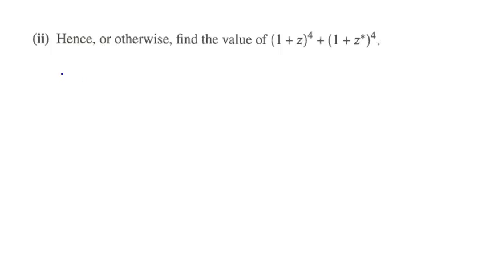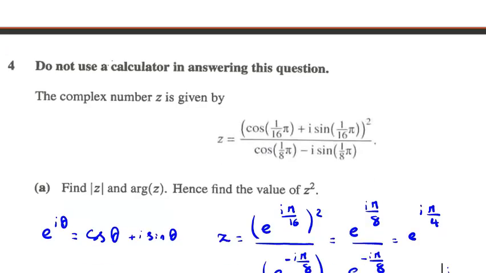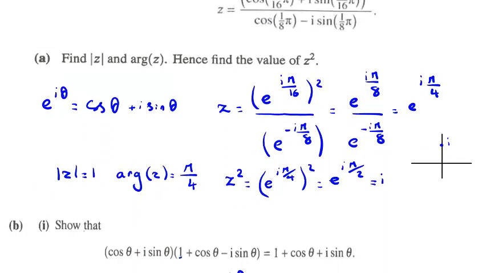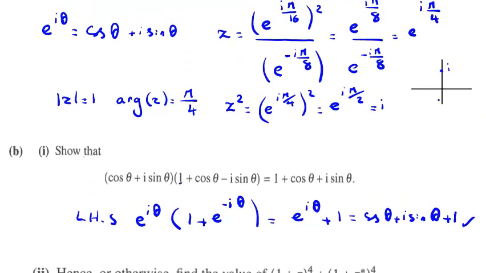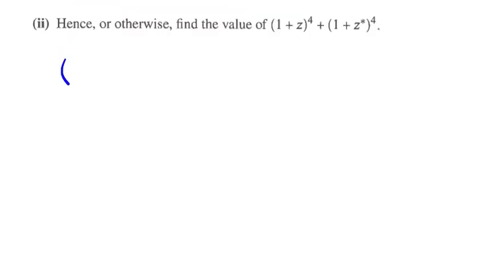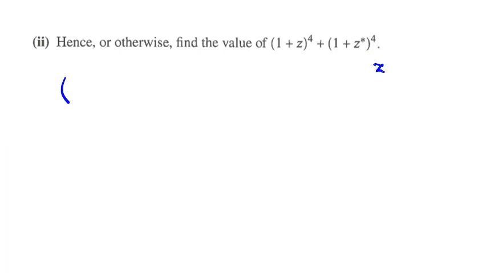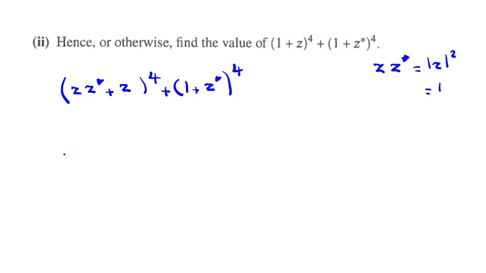Here, the first one, you can say, okay, because from the first part we know the absolute value of z equals 1. So z squared equals i. We can conclude that because the absolute value of z is 1, z conjugate equals z squared over the absolute value of z squared, which is 1. So you can here say it equals z times z conjugate plus z to the power of 4 plus 1 plus conjugate of z to the power of 4.